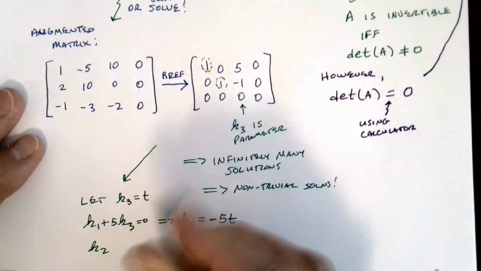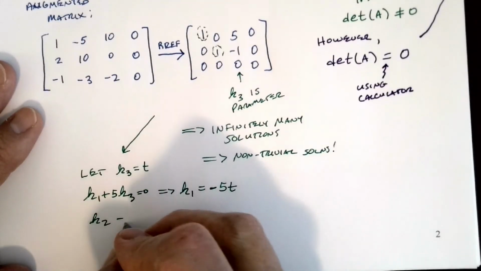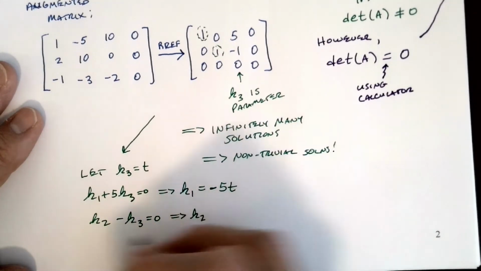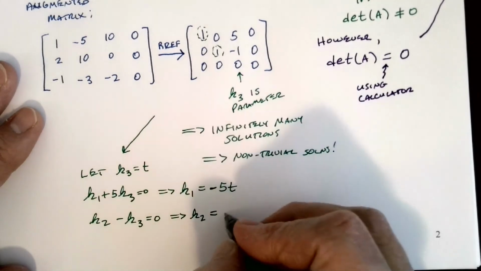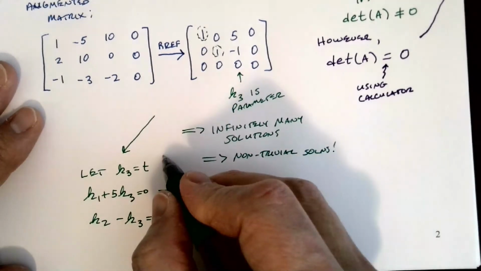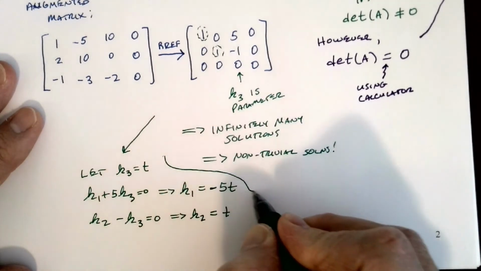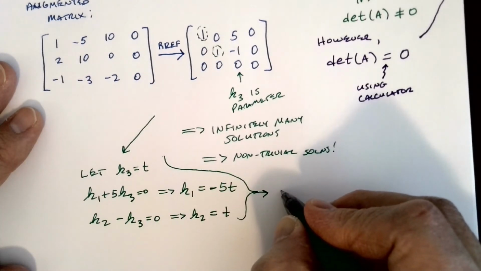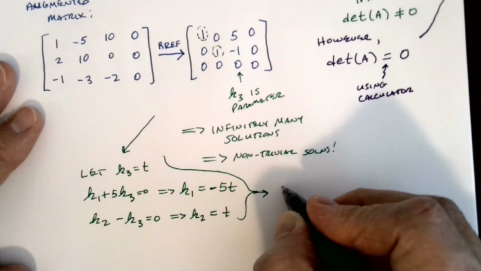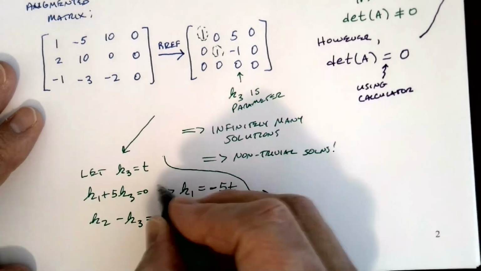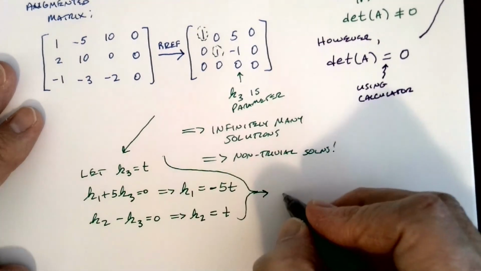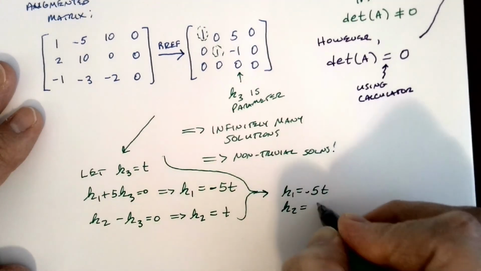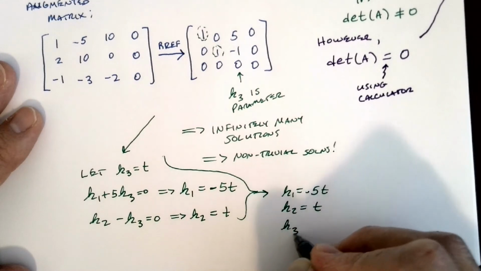And K2, second equation, K2 minus K3 is 0, and so K2 is equal to K3, which is T. And so from this, we can say the solution is K1 is negative 5T, K2 is T, and K3 is T.